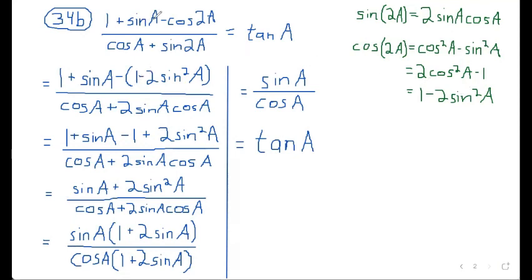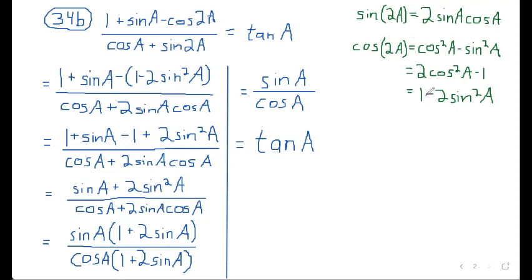If we consider that we already have sine A in the numerator, and we can keep all of the trig functions the same if possible, then it makes it easier for us to simplify because we can take advantage of properties of algebra more easily. So if this one here is sine of A, then we want to convert cosine of 2A into a trigonometric expression that just has sine, so that we have sine here and we have sine there. That way we can simplify it more easily.